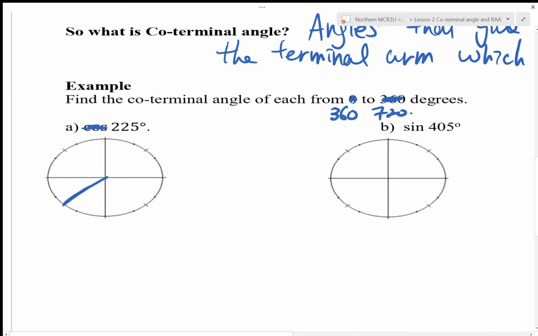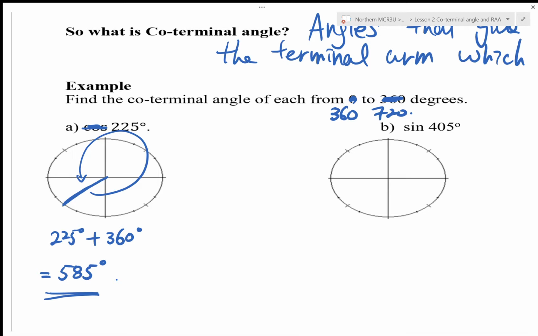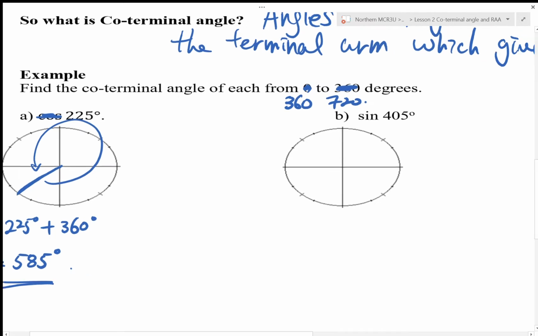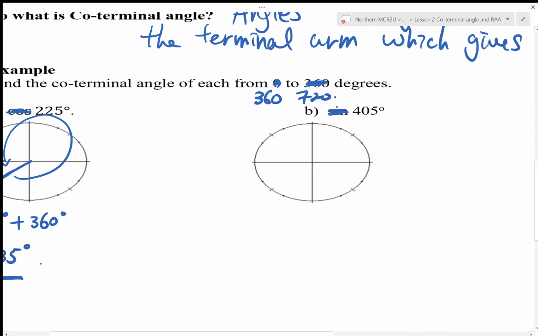So then for the 225, its coterminal angle will be one more rotation, right? So it will be 225 plus 360 degrees, which gives me 585 degrees. So this is the coterminal angle for the 225 degrees from 360 to 720. If I ask you something in between, let's say 720 and another rotation, then basically you add another 360 to this.